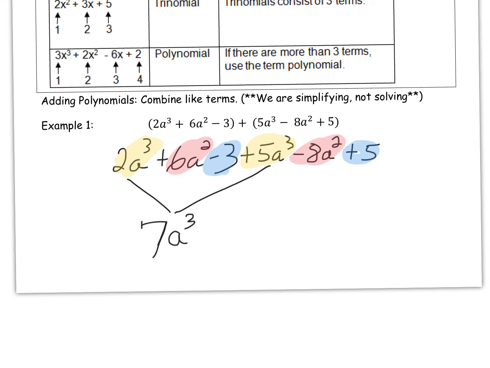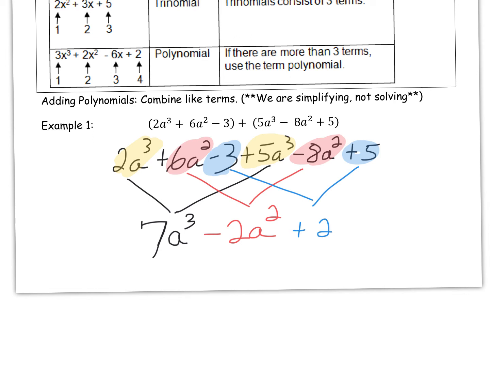Well, when you combine the 6a squared and the minus 8a squared, you actually get minus 2a squared. And then last here, you have the negative 3 and the plus 5, or we could say 5 minus 3, but we end up with a plus 2.